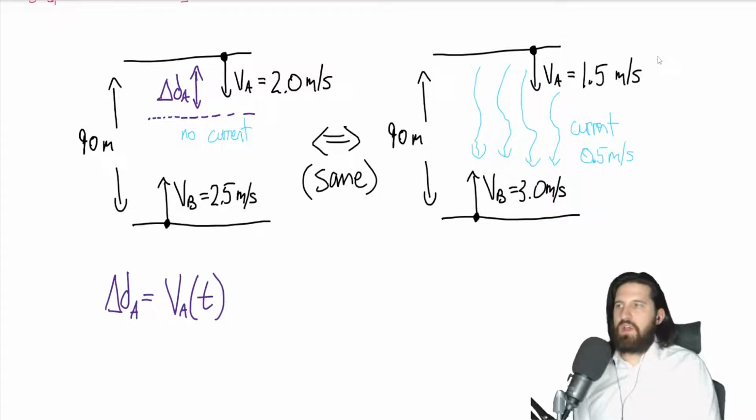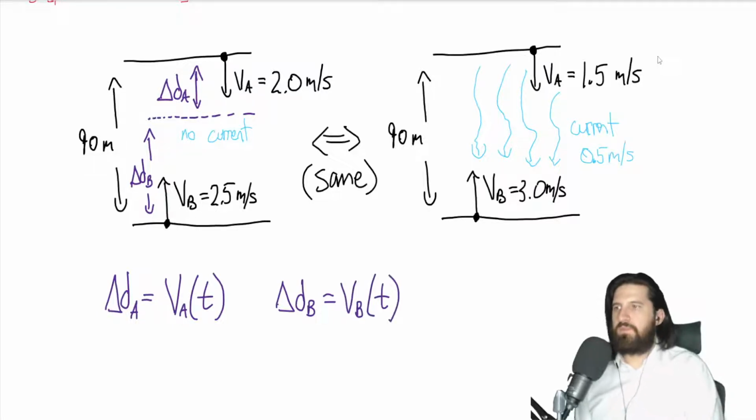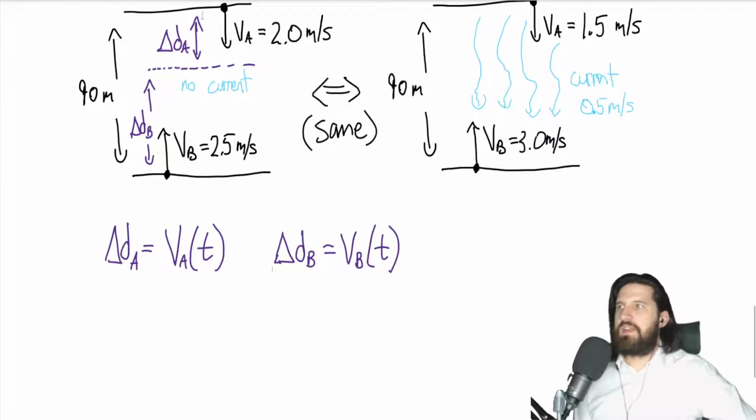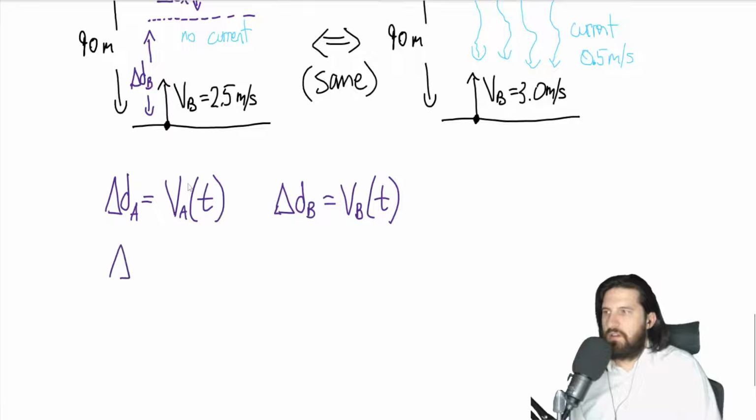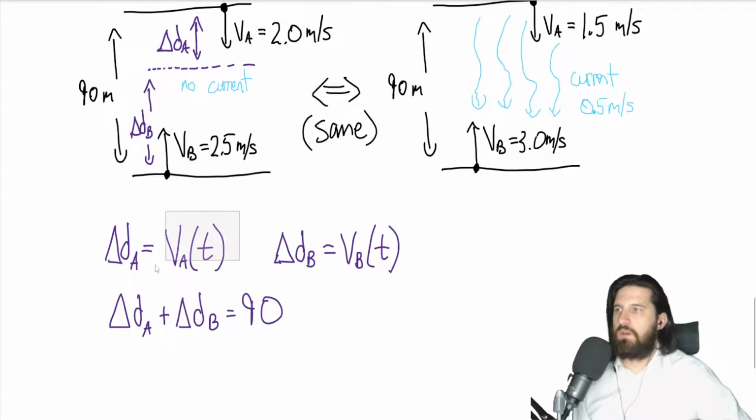And so that's going to be the velocity of A, 2 meters per second, times the time. And the delta dB, the distance that this thing travels, is going to be VB times the time, right? And you'll notice that that is the full distance. So that means that those two things added together have to equal 90 meters. Right?